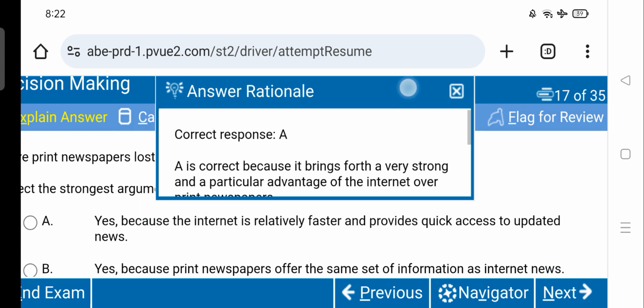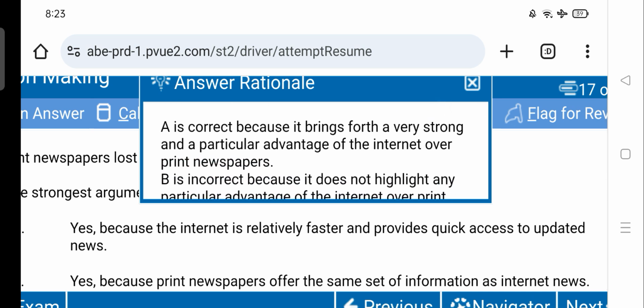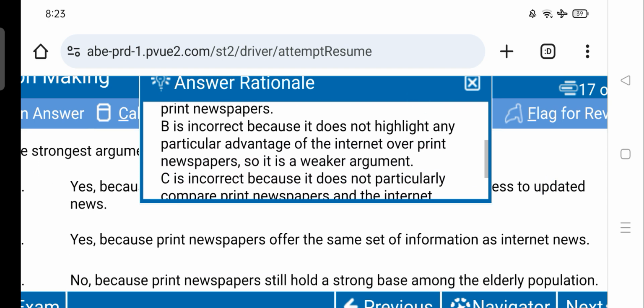So option A is correct because it brings forth a very strong and particular advantage of the internet over print newspaper. B is incorrect because it does not highlight any particular advantage of the internet over print newspapers, so it is a weaker argument.